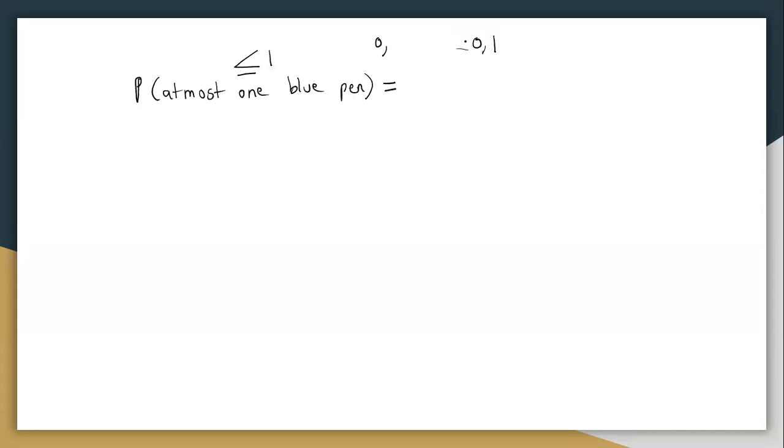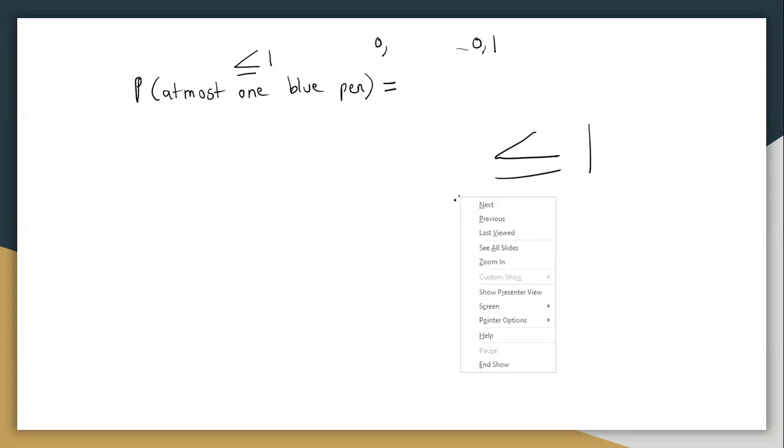I've said when they say at most 1, at most means less than or equal to 1. It can be 1 pen, it can be 0 pen. 0 pen means that you have picked, but you have not picked any blue pen; instead, you picked other pens.